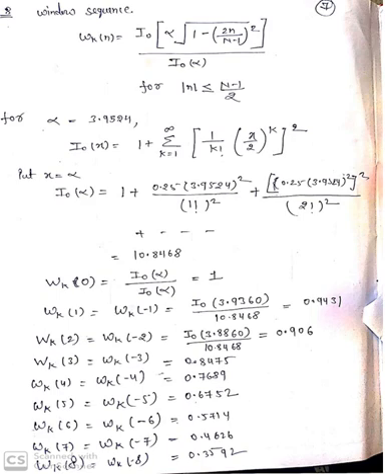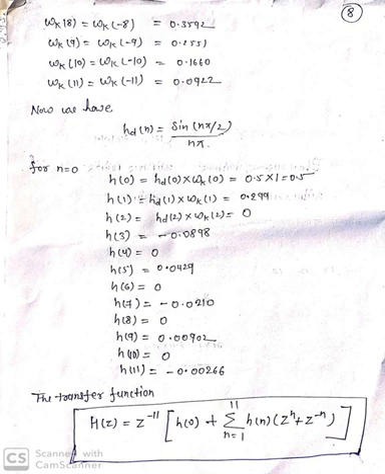Similarly, wk2 and wk−2 are the same, and wk3 and wk−3, because we have calculated the value of capital N equals 21.59 something. So we have selected N equals 23. So we must move n from −11 to +11, and the total number of sequence from −11 to +11 equals 23. So all the points must be calculated.